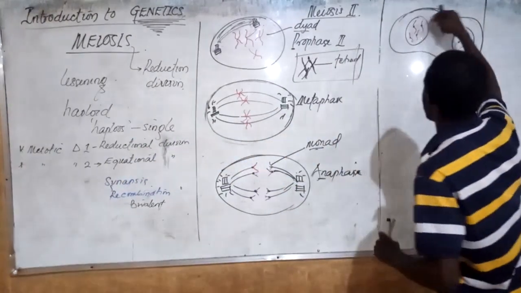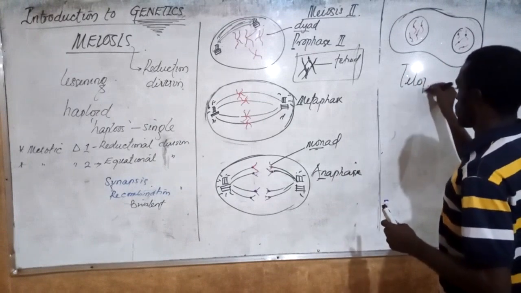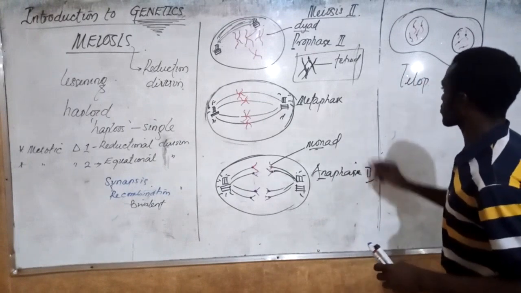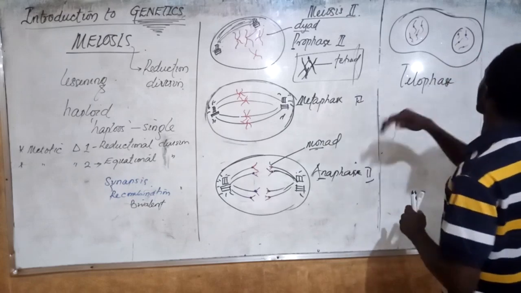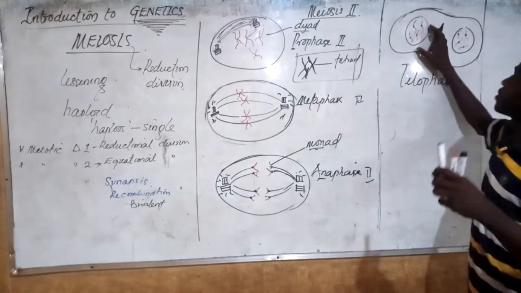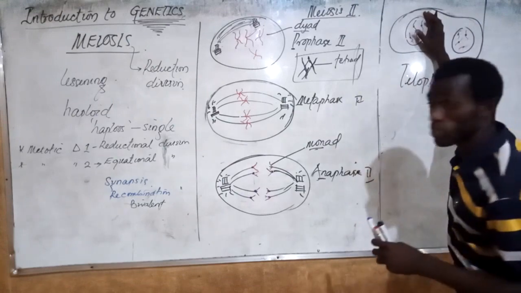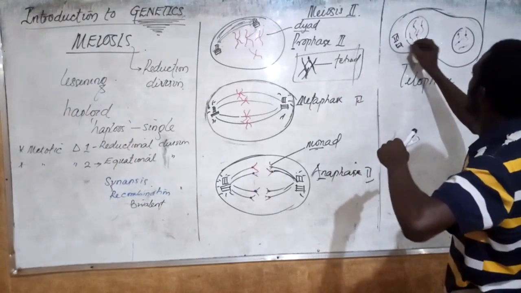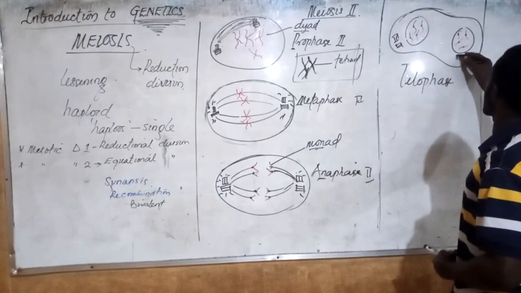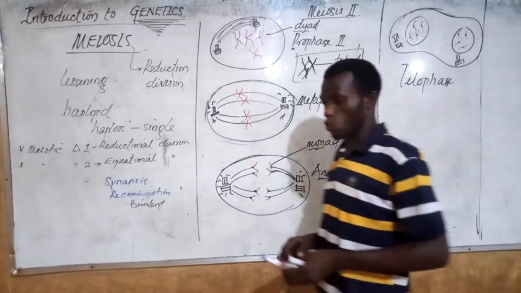So when they move apart, of course, the next thing that happens is think of telophase 2 as tearing apart. Telophase separates the nucleus, and the nuclear membrane begins to form around the newly developed chromosomes on this side and of course on this other side, and that is the end of the division.